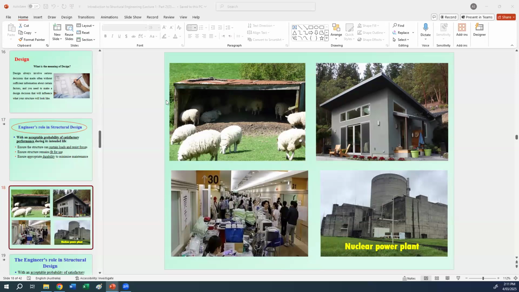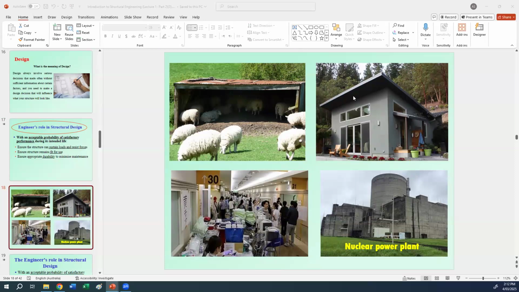And here, for different types of buildings, it just shows you the certainty and some of the criteria we need to consider during the design. For example, here we have one simple structure like a cheap shed, and this is a residential house. This one is a hospital, and this one is a nuclear power plant.